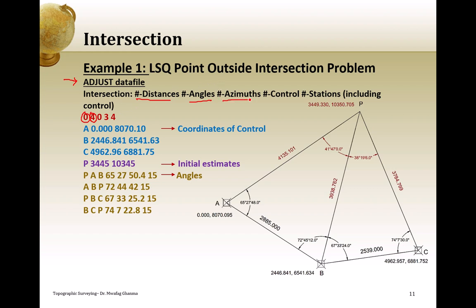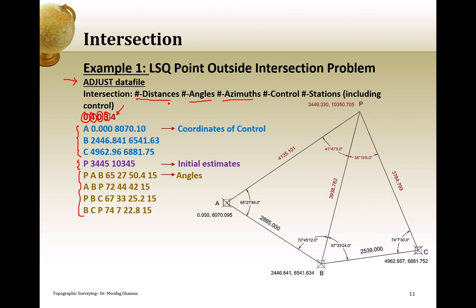And then azimuths: in the original problem of the intersection, we do not measure any azimuths. And we have 3 control stations and a total number of 4 stations. We can add a lot of things, and we will see it in the next example, but for now, we have to list the coordinates of the control stations, the estimate of the fourth station, which is the unknown station, and the angle observations.